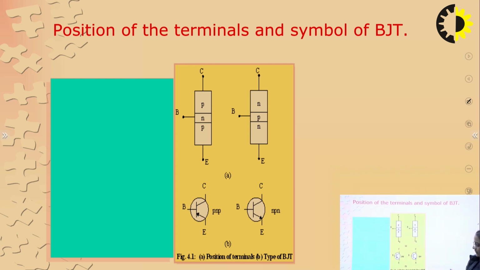In an NPN transistor, the arrow is outside the emitter terminal, and in PNP, the arrow is inside the emitter terminal. In this way PNP and NPN transistors differ from each other, and these are the basic symbols of the PNP and NPN transistor.